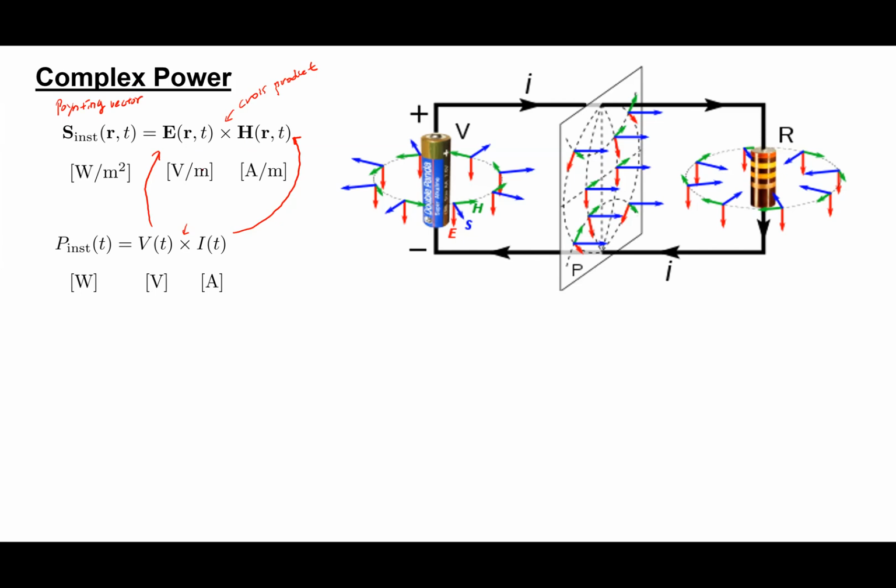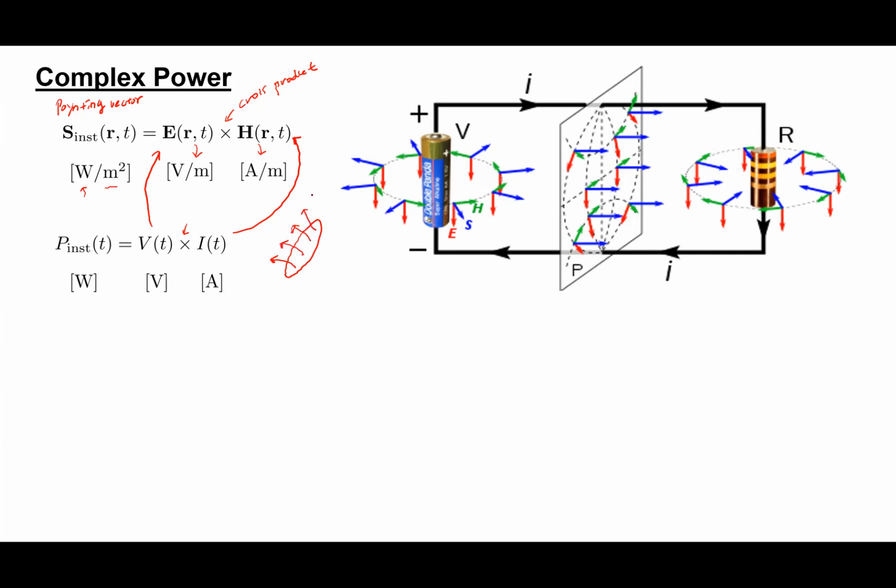And if we observe the dimensions of these two quantities, the electric field is measured in volts per meter, the H field is measured in amperes per meter. So the resulting dimension is going to be watts per meter squared. So it's power per unit surface, and it describes how much power is flowing out of the surface.